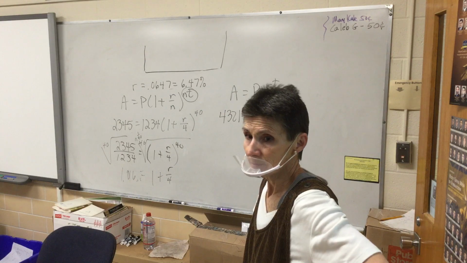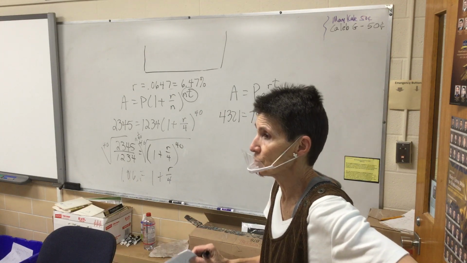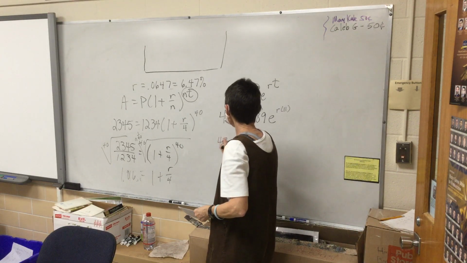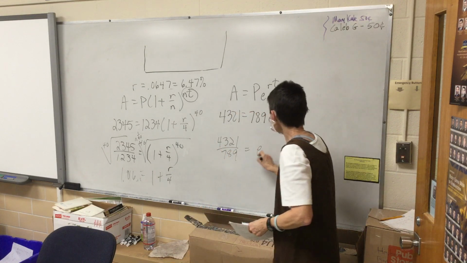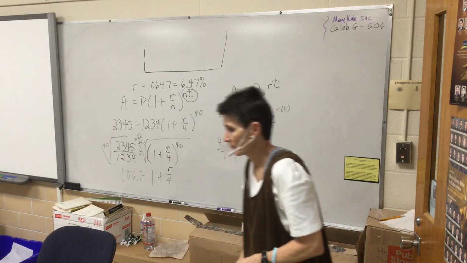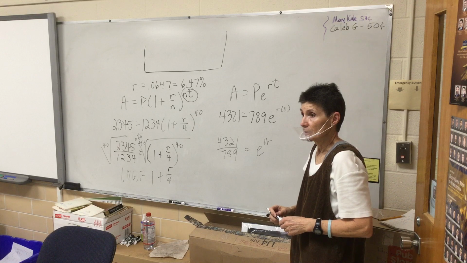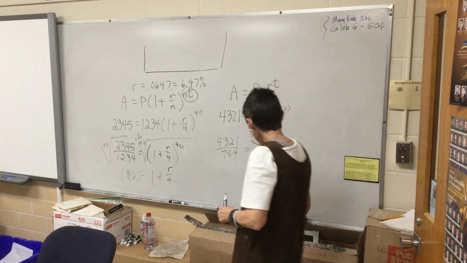We gonna need logarithms? Yep. Not first though. What do we do first? Divide. So 4321 over 789 equals e to the 11r. Now what? ln both sides.